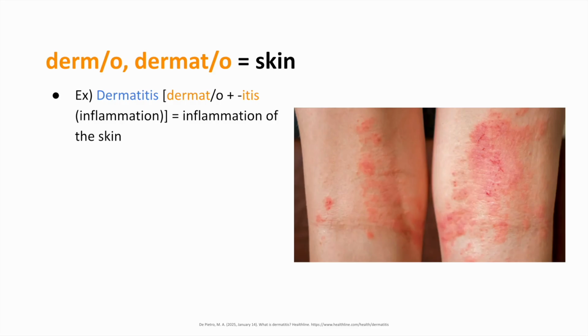You either had an infection that raised up your immune system and there's redness on your skin, or you have a genetic disease or some kind of predisposition that causes your immune system to attack yourself, an autoimmune problem, like eczema or psoriasis. Those are also part of inflammation of the skin.